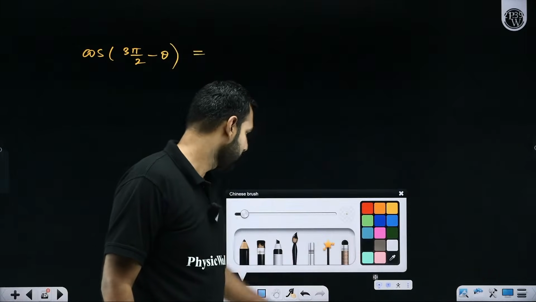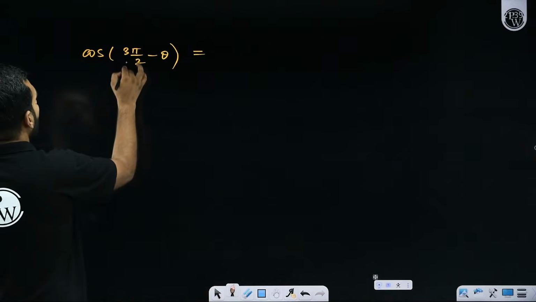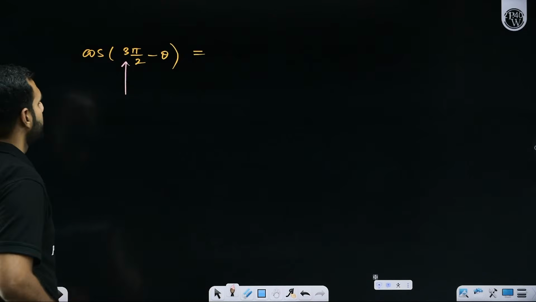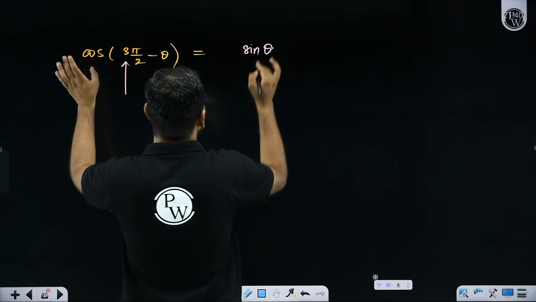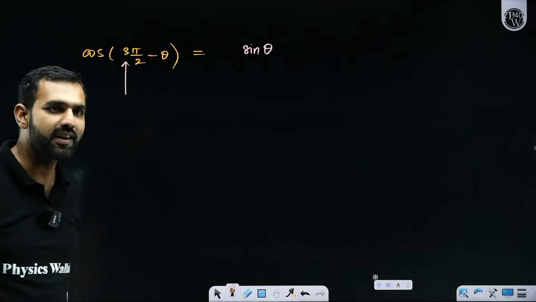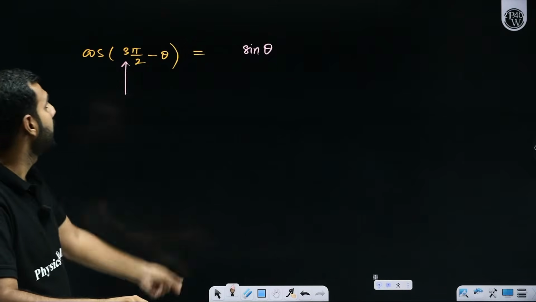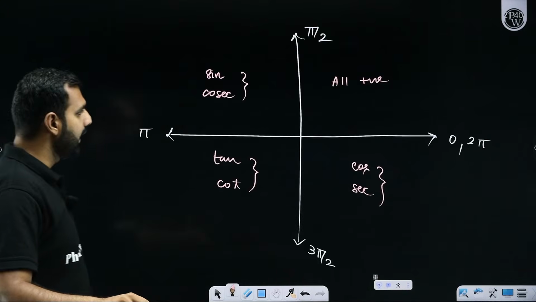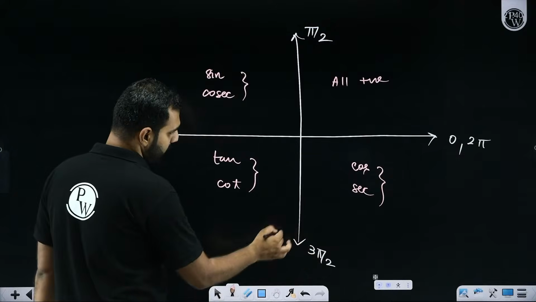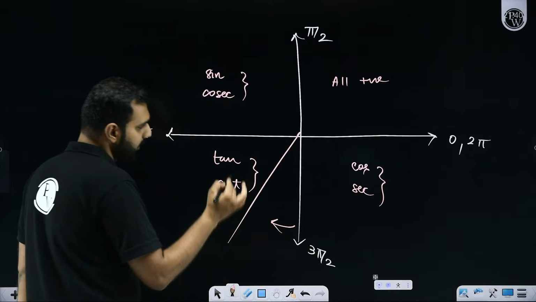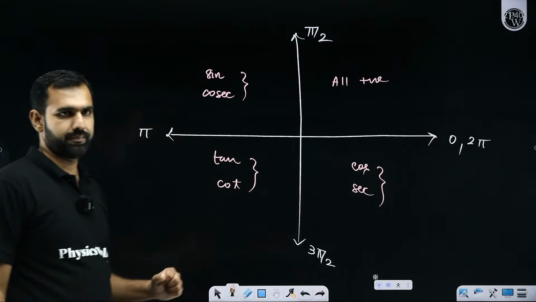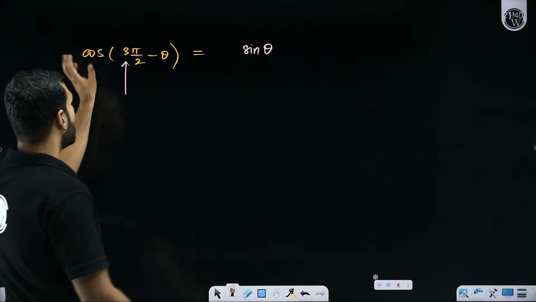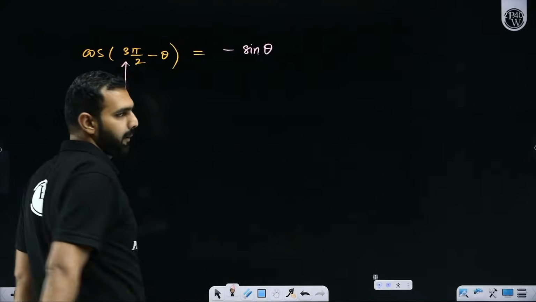If here you see an odd multiple of pi by 2, then cos ratio gets converted into sine and sine ratio gets converted into cos. But 3 pi by 2 is here. And if you're subtracting, you're pushing it in the third quadrant. In the third quadrant, tan and cot are positive, which means cos will be negative. So it will be minus sine theta.